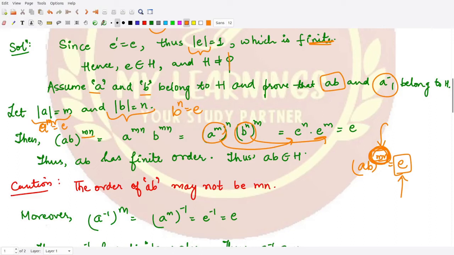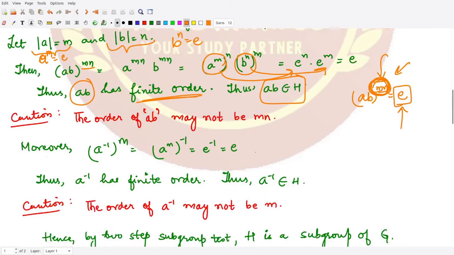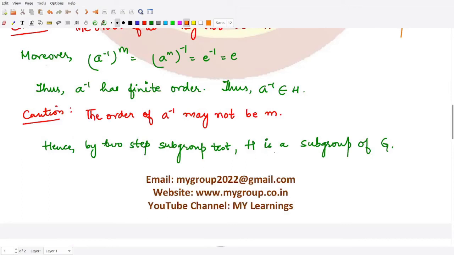Therefore the order would be either equal to mn or lesser than mn. In that case also it is going to be finite. So we say the element AB has finite order, and therefore it is a member of the given set H, right?